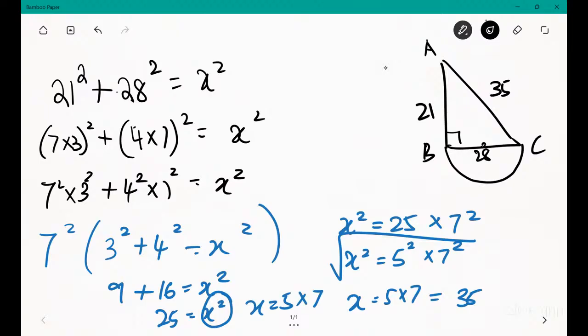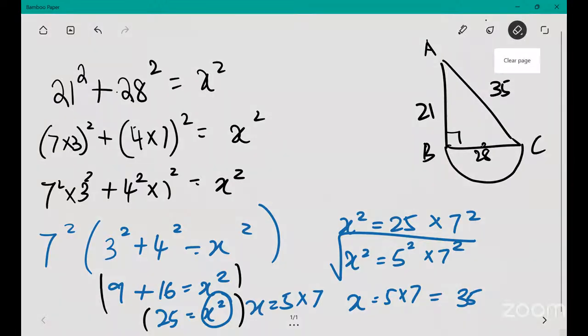So they have given us a hint also in the question itself. They say 4 into 7 and 3 into 7. That is our first part over there.